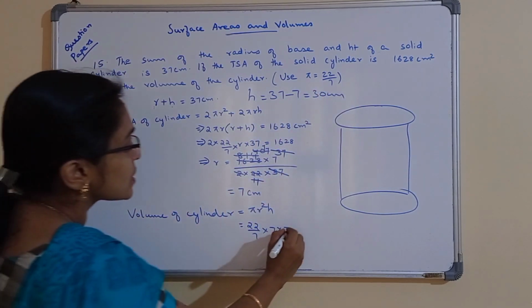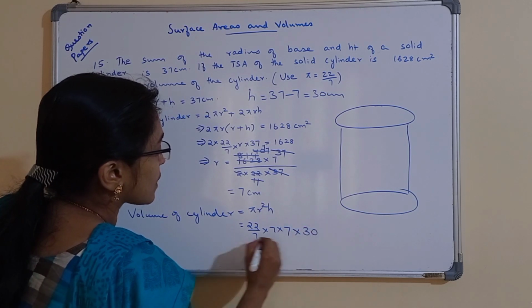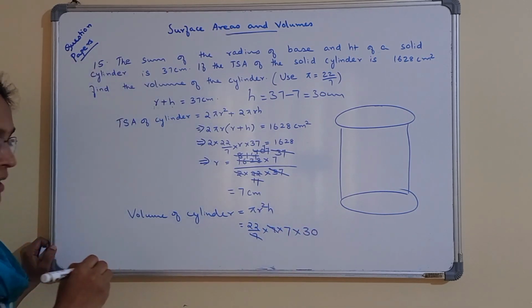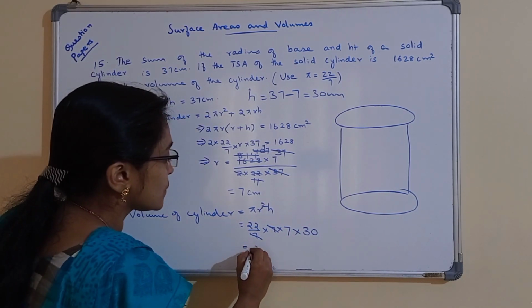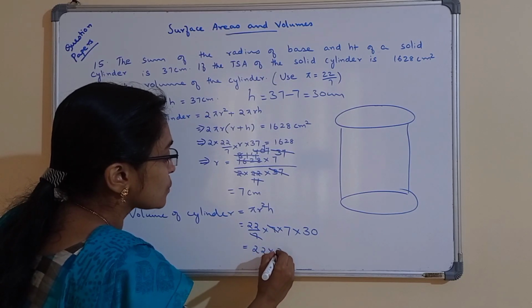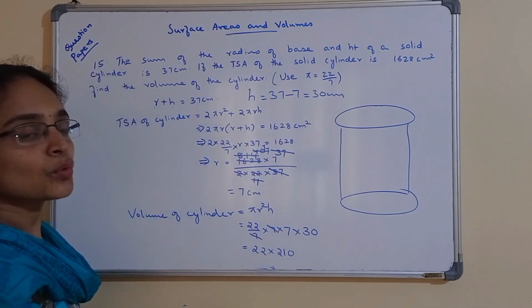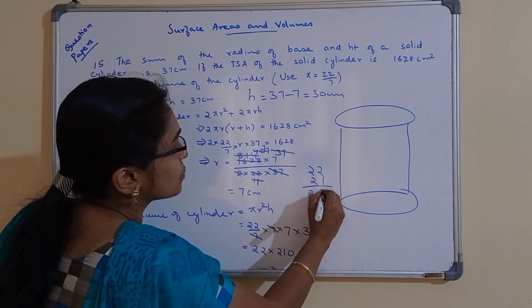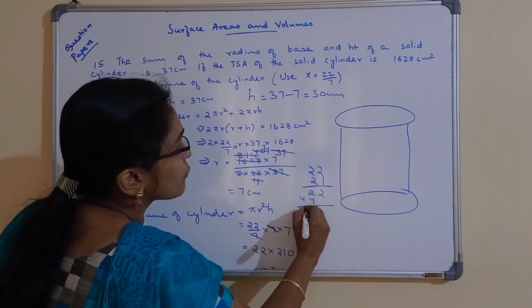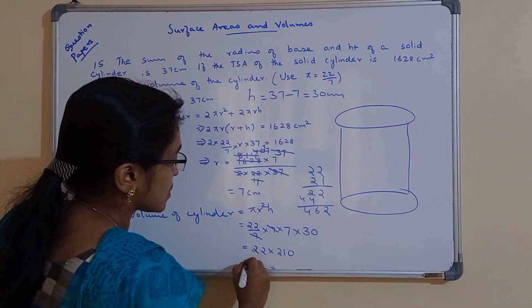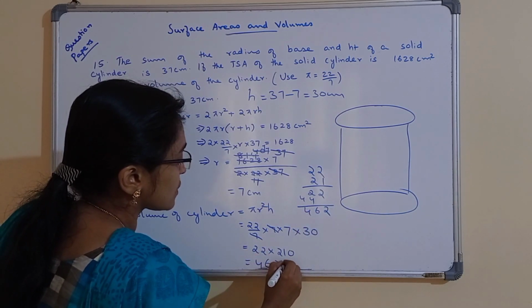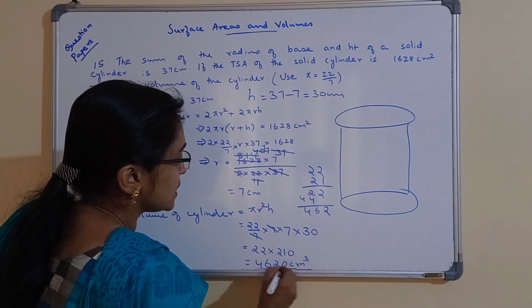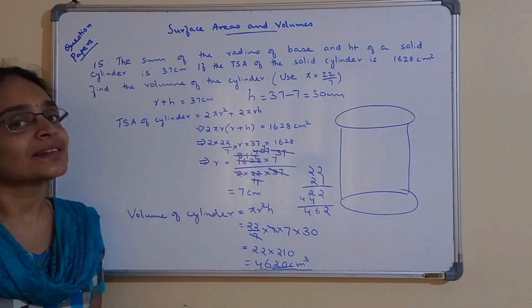Okay, so into 30. Now 7 and 7 will get cancelled, and this is equal to 22 into 210. 22 into 21 we can do. So 22, 44, 4620. 4620 centimeter cube is the volume of this cylinder.